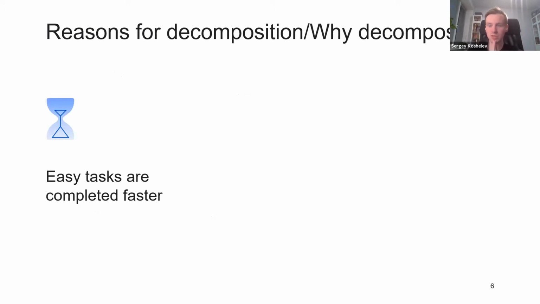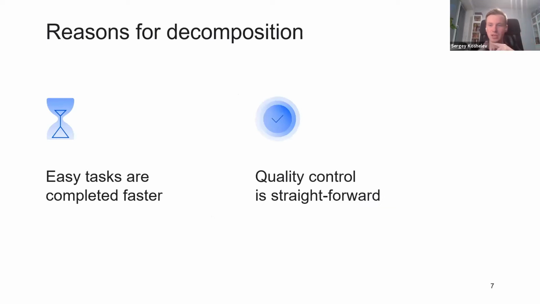So, what are the benefits of this approach within crowdsourcing? First of all, when you make your tasks easier, they're completed much faster, and time is of the essence, and time is money. When you make your tasks easier, it's easier to control its quality, it's easier to assess the results.